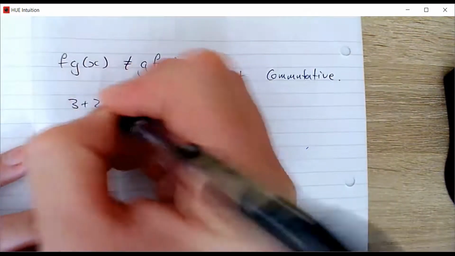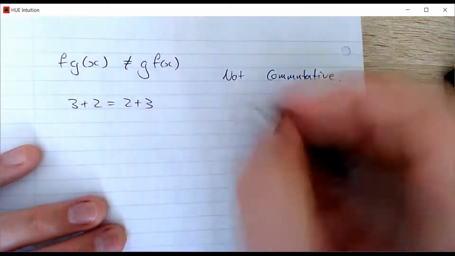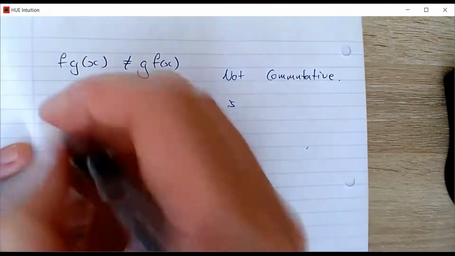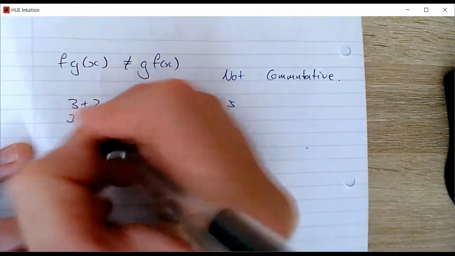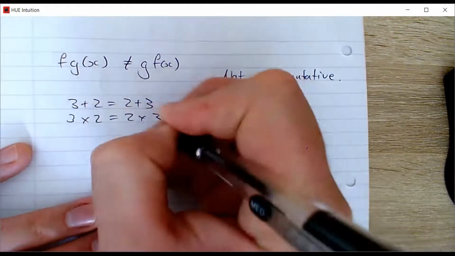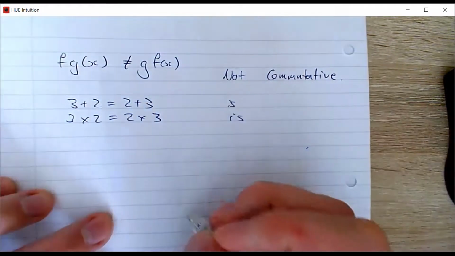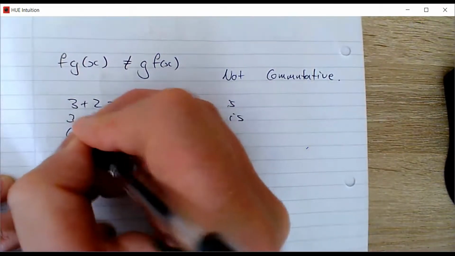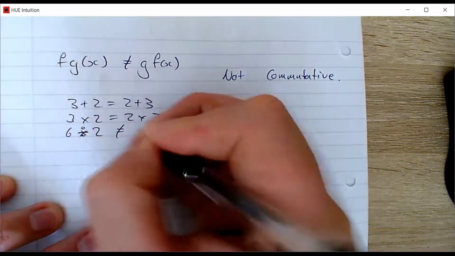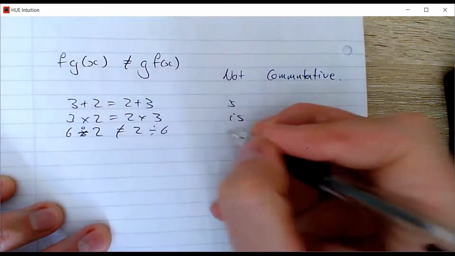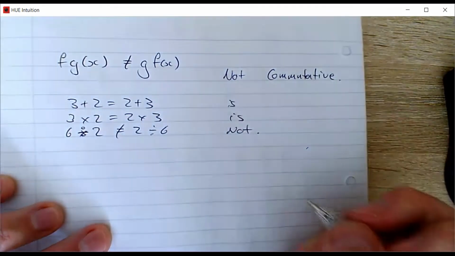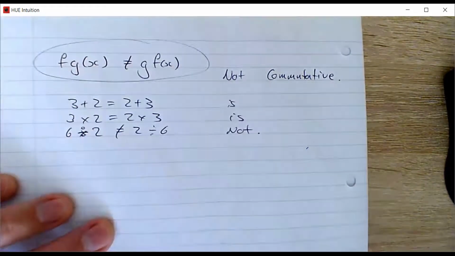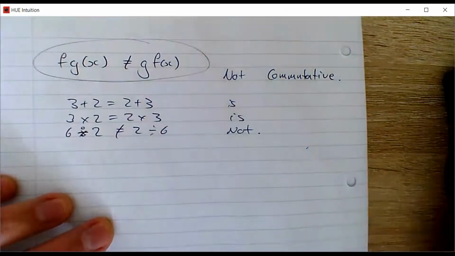So 3 plus 2 is the same as 2 plus 3 because addition is commutative. 3 multiplied by 2 is the same as 2 multiplied by 3 because multiplication is commutative. But 6 divided by 2 is not the same as 2 divided by 6 because division is not commutative. And neither is composition of functions.